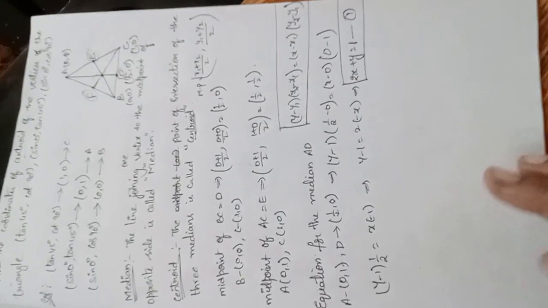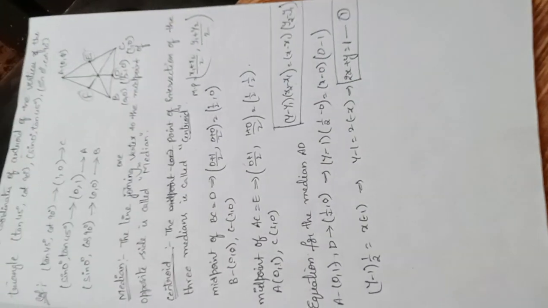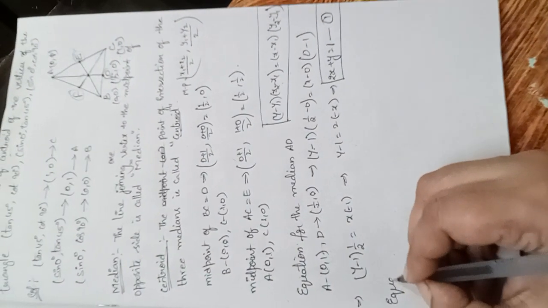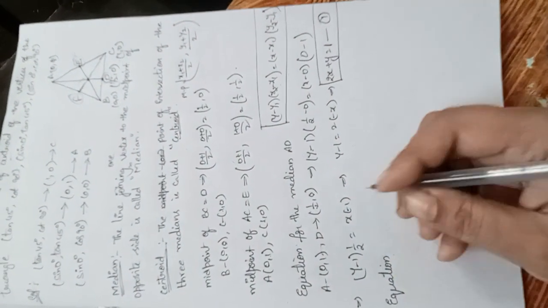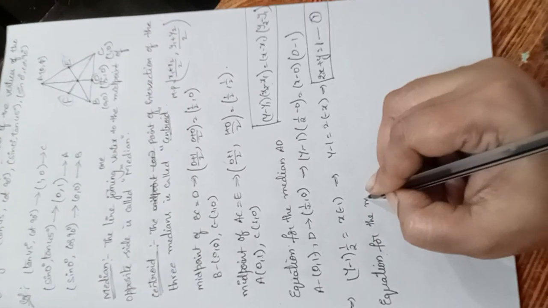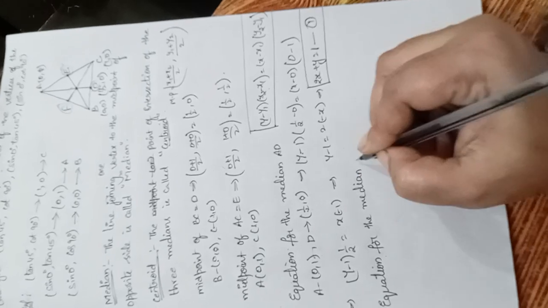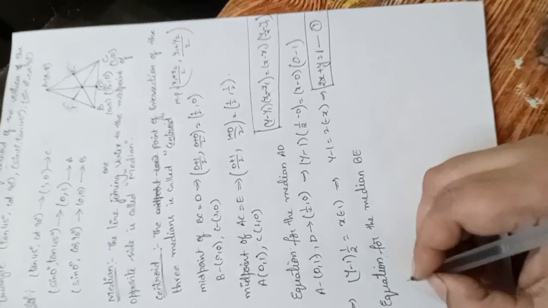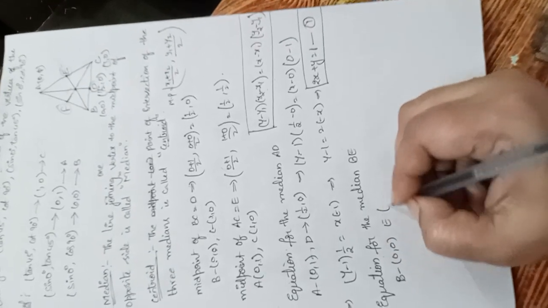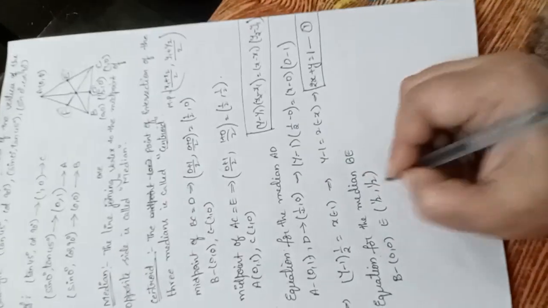We want one more line equation so that we can find the point of intersection. The next line is from B to E, the median BE. B is 0 comma 0, E is 1 by 2 comma 1 by 2.